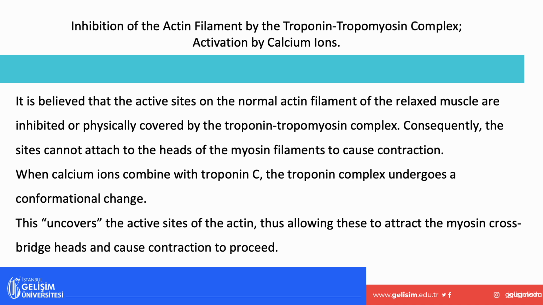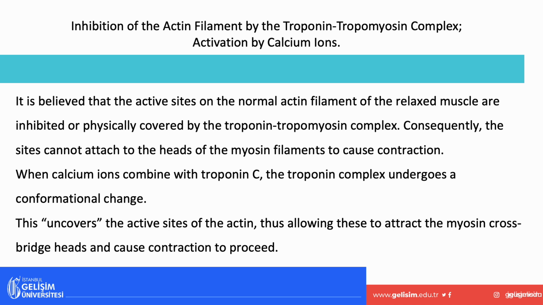In a relaxed muscle, the active sites on the actin filaments are physically covered by the troponin-tropomyosin complex, which we looked at in the previous slides. And again, we said that this is what prevents the attachment of the myosin cross bridge heads, and it inhibits contraction.